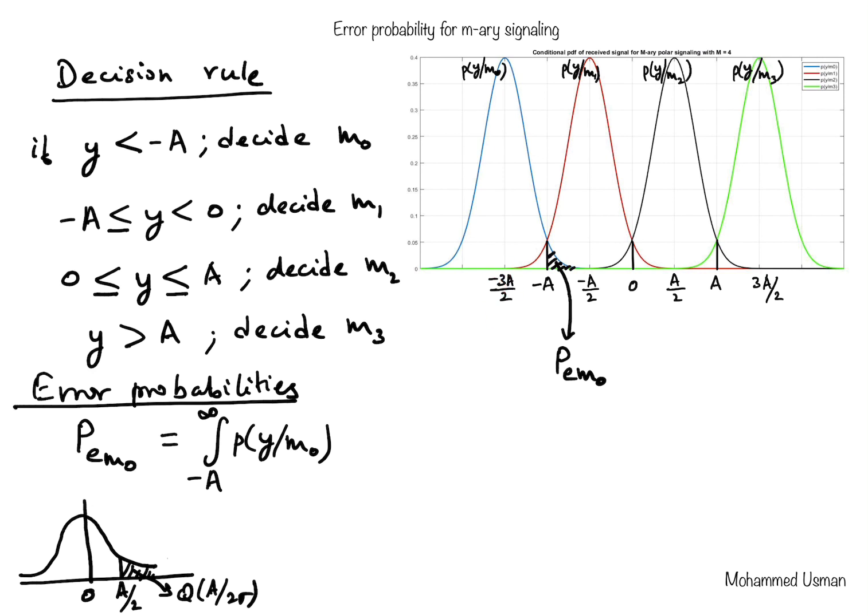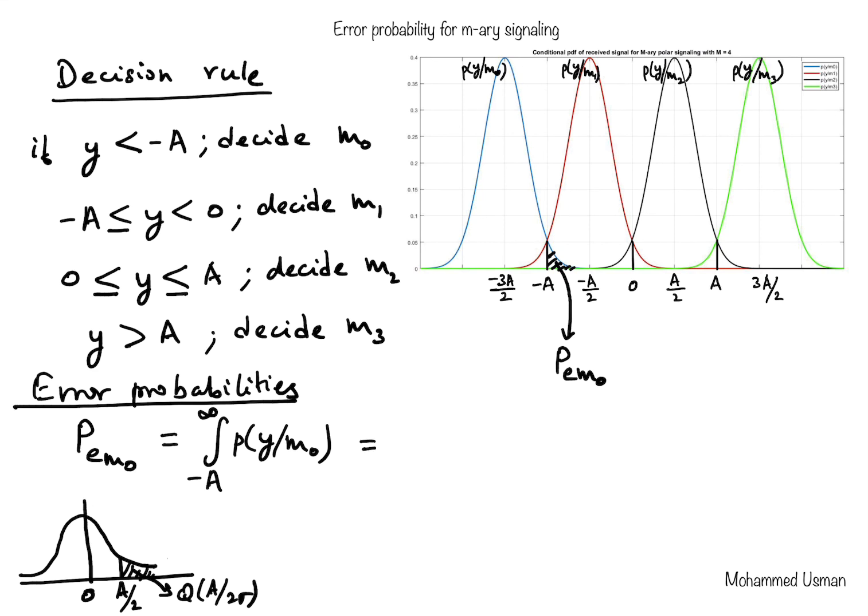In order to write this as the Q function, we'll have to shift this to the right and bring it here centered on 0. So from -3A by 2, we have to make it centered on 0. That means we have to shift it to the right by 3A by 2. Because we are only computing the areas, we can shift it and accordingly shift the limits of integration. When we shift it to the right by 3A by 2, this limit of integration -A will also get shifted to the right by 3A by 2.